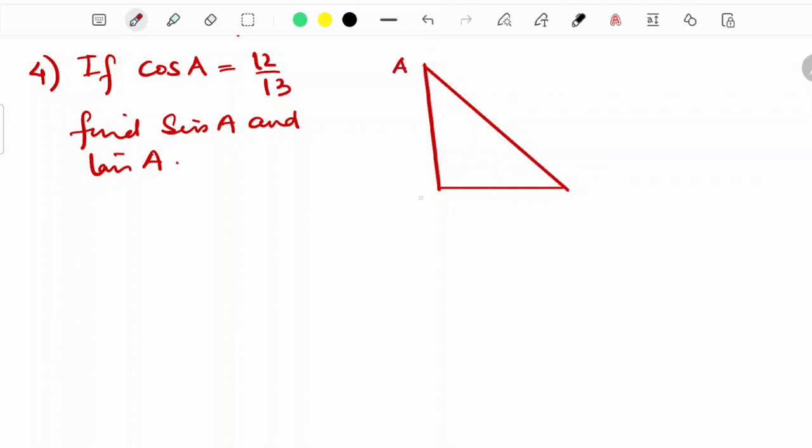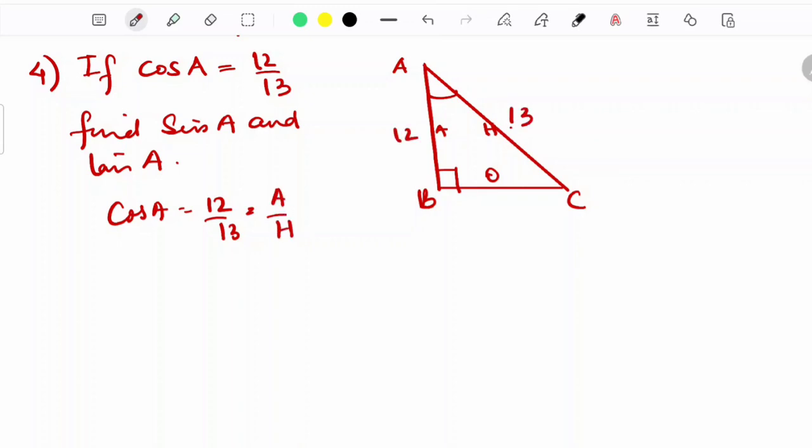This is A, B and C, vertex A, vertex B, vertex C. I'm taking 90 degrees at B. So for angle A, this will be opposite, this will be adjacent and this will be hypotenuse. When it is given cos A is equal to 12 over 13, it will be adjacent over hypotenuse. So this is 12 and this is 13.